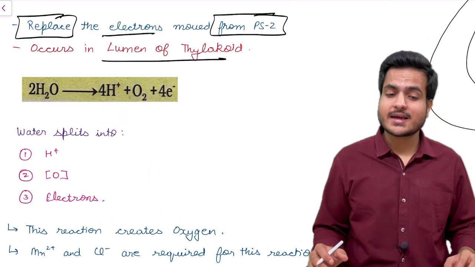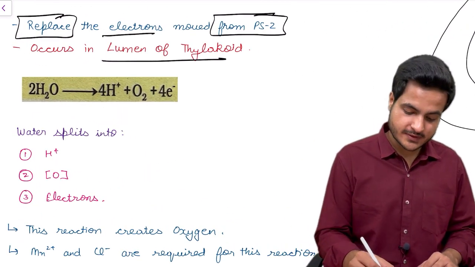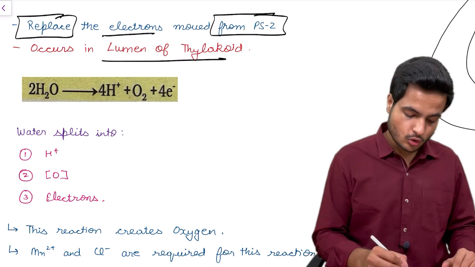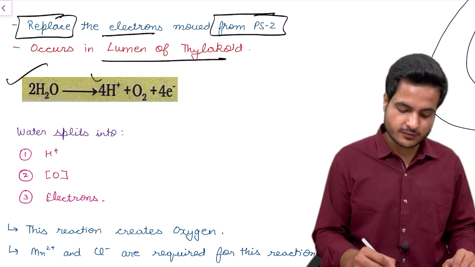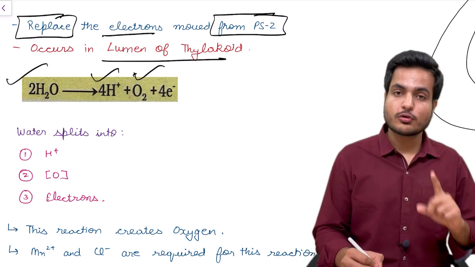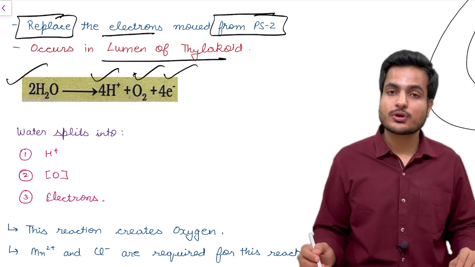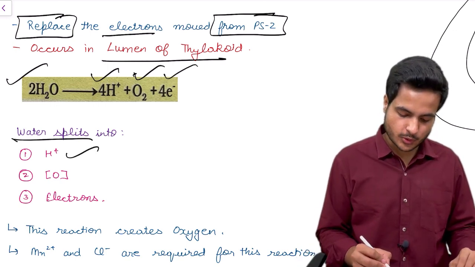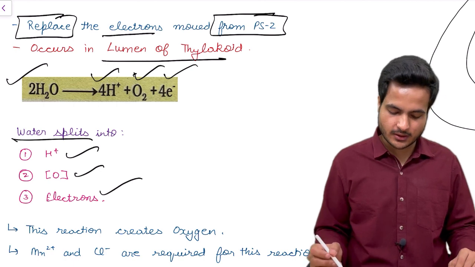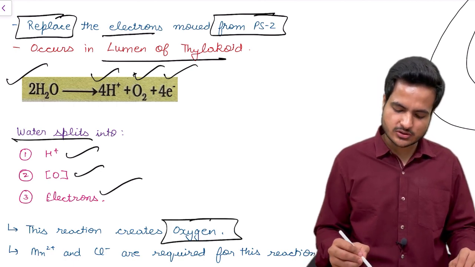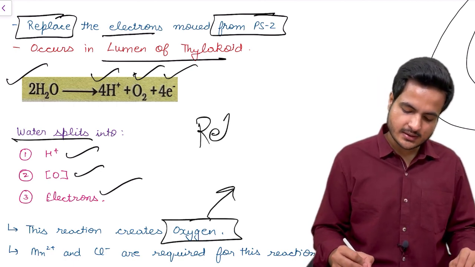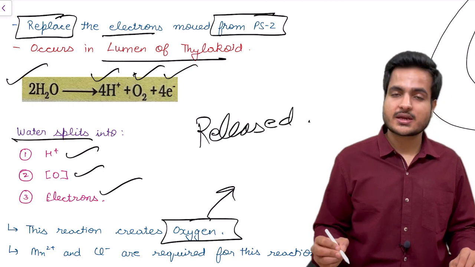So if we see the reaction of splitting of water, as we started our discussion with this, 2 molecules of water would give us 4 protons, 1 molecule of oxygen gas and 4 electrons. So water splits into protons, nascent oxygen atom and electrons, and this reaction creates oxygen which is released by the plant into the surroundings.